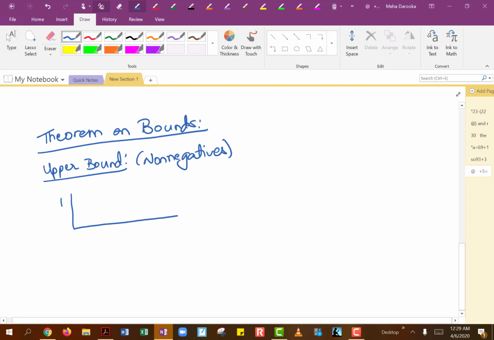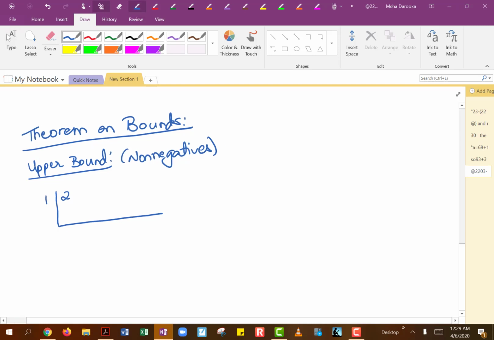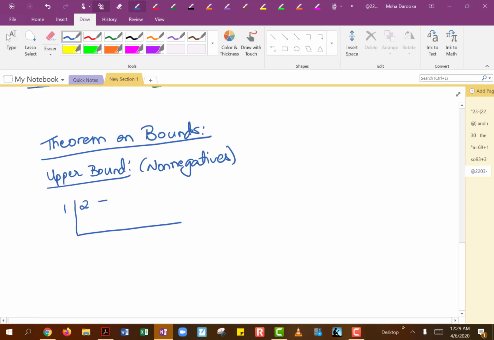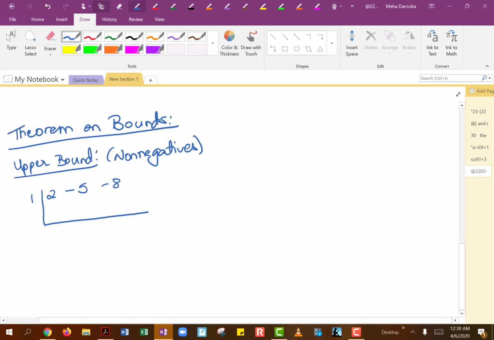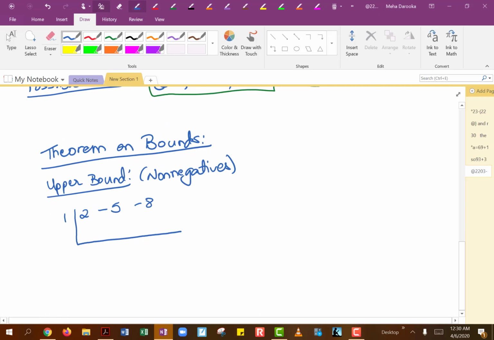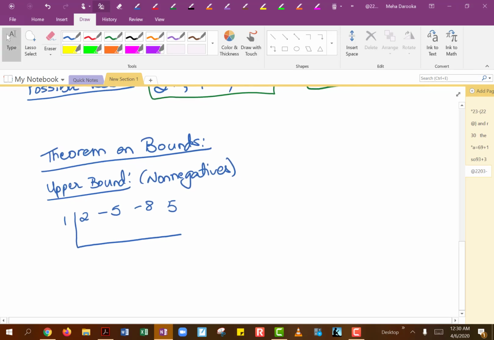Now again, your polynomial is 2x to the third power minus 5x squared minus 8x, and positive 5, right? Again, we are not missing any terms, so we don't have to worry about putting zeros anywhere. Now take that 2 down.